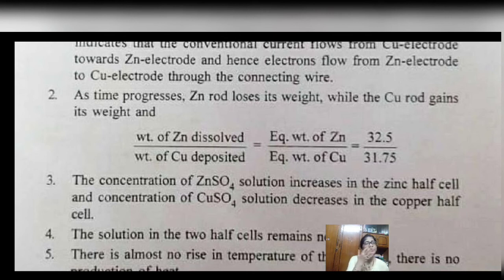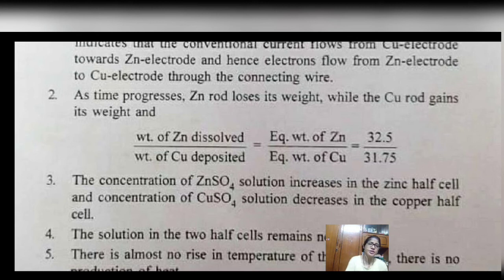Why so? Because the metallic zinc from the zinc electrode will be used up to form Zn2+. They will come into the solution, and the Cu2+ which were in solution will be taking up electron to form metallic copper which will be deposited along the copper rod. That is why the zinc rod will be corroded and the copper rod will be thickened.